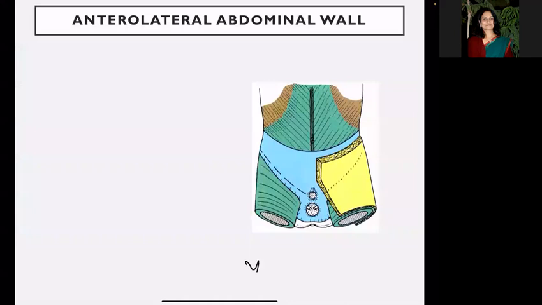You can see here this thick fatty layer, which is absent in the penis and scrotum, and this fatty layer in the scrotum is replaced by muscle, the subcutaneous muscle called the dartos muscle.